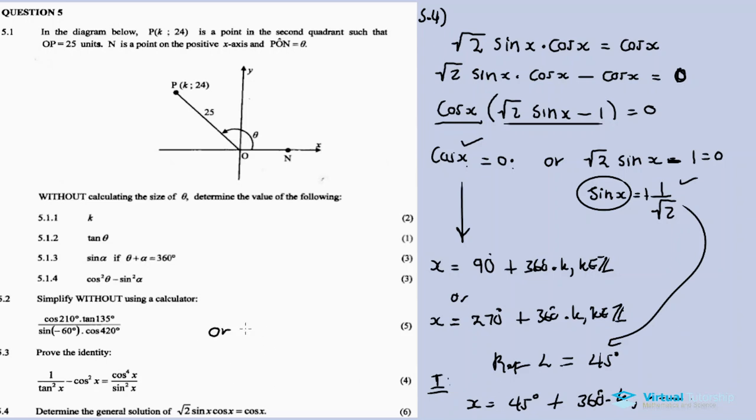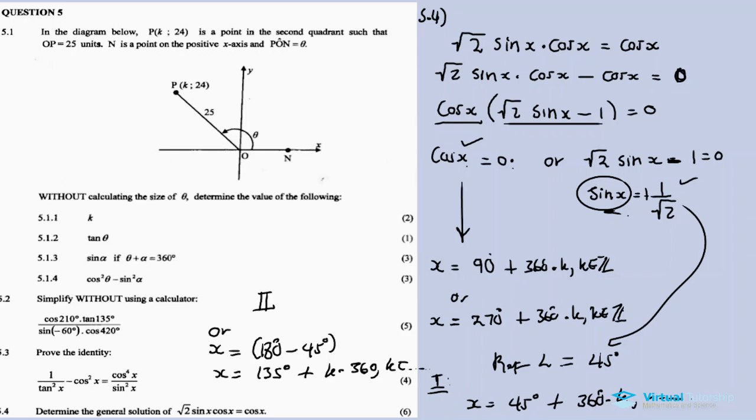Or, I will not have space here, so or x is equal to what? Where is sine positive again? It's the second quadrant. So it's going to be 180 degrees minus 45 degrees. x is equal to 135 degrees plus k times 360, where k is an element of integers, right?